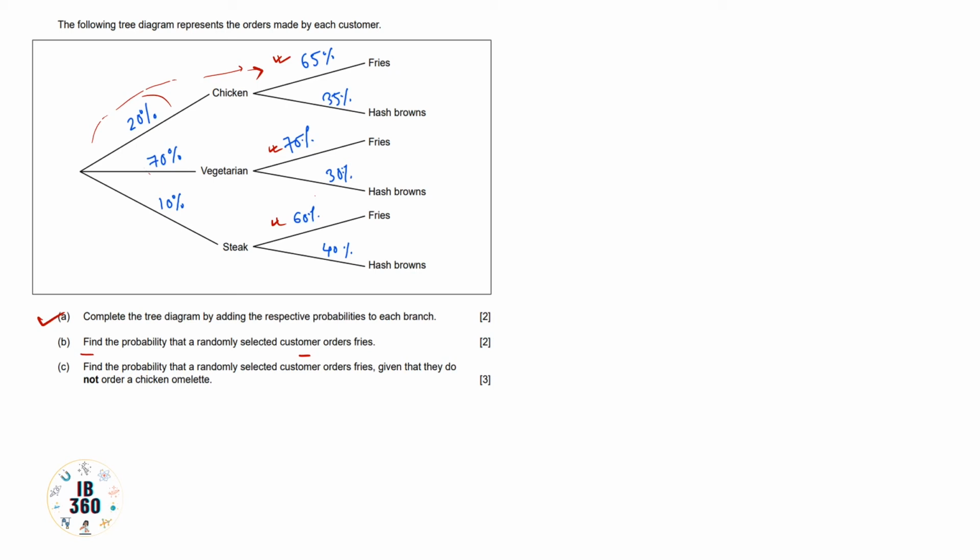So that customer can order chicken omelette, vegetarian omelette, as well as stick omelette. So you will take all these three into consideration. So the probability will be, you can get it from here, that is 0.20, that is 20%.